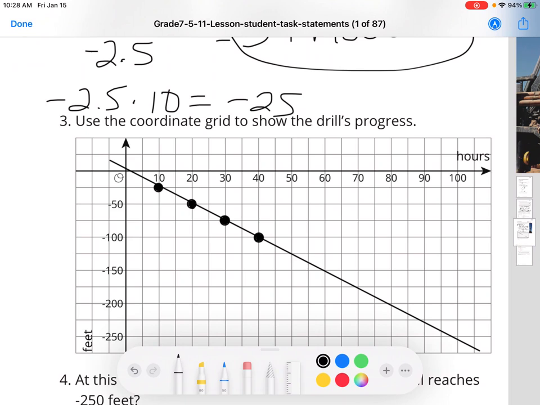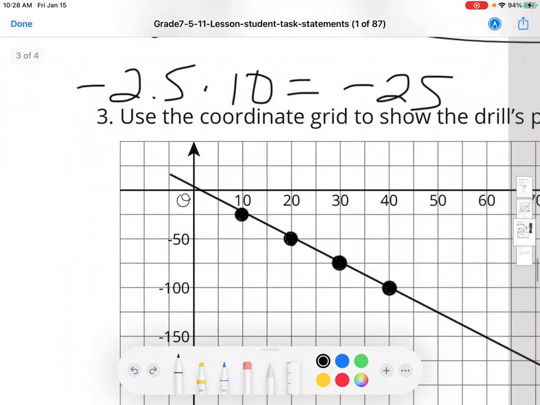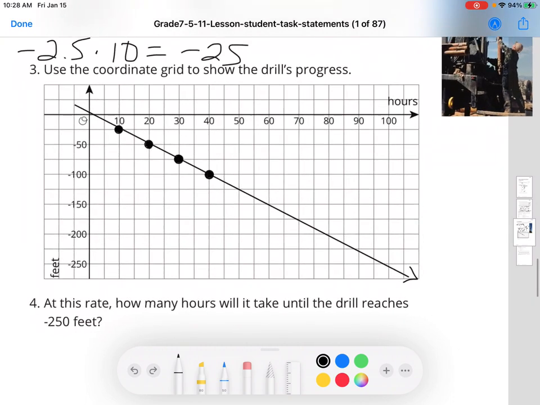That one's not quite right either. As you can see, I missed the origin just a little bit. But your line should pass directly through the origin as well as through all points.